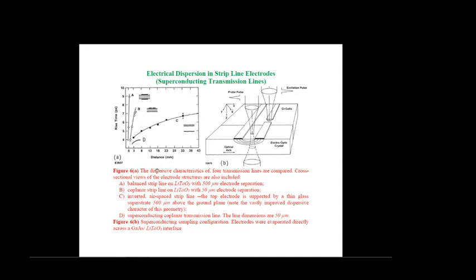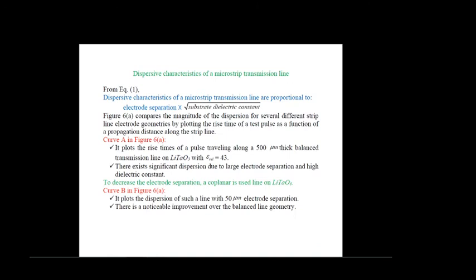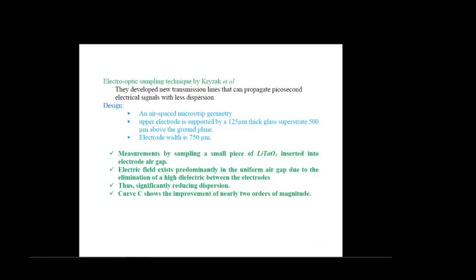Recently, in 2010, Karaikudi et al. implemented a similar demonstration of this electro-optic sampling technique to study and successfully develop new transmission lines that can propagate picosecond electrical signals with less dispersion than what we have discussed previously.